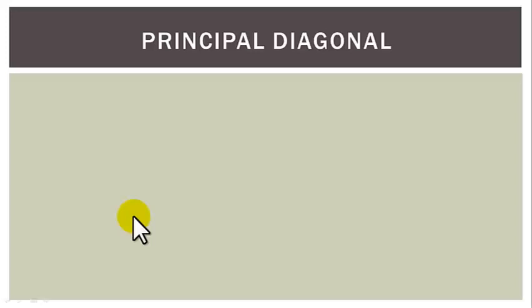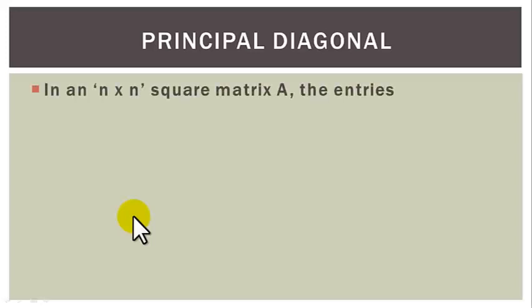Principal diagonal. As defined earlier, the principal diagonal of a square matrix is the diagonal running from the top left corner to the bottom right corner of the matrix.